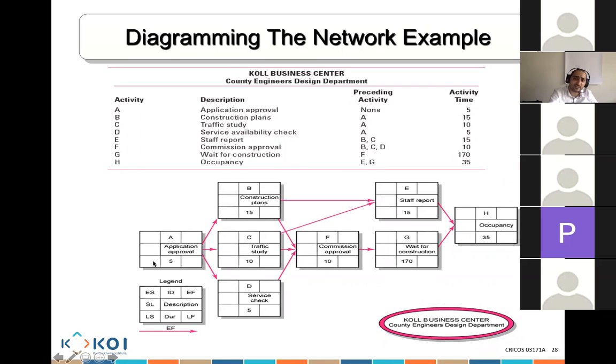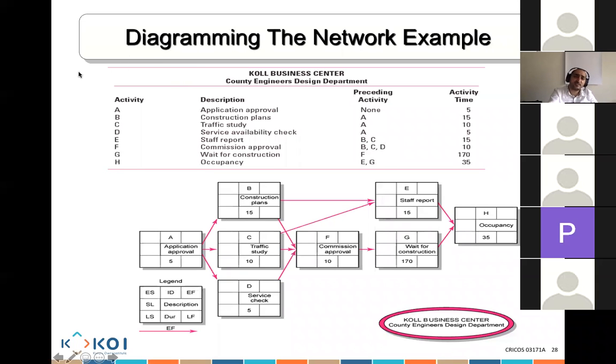LS, which is late start, you put in this box. LF, which is this, you put in this box. This is a description of the activity. This is the duration, 5 days, the duration of the activity. So it's telling you how to actually draw that information. Does that make sense? Yep.